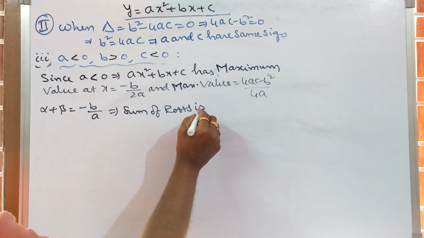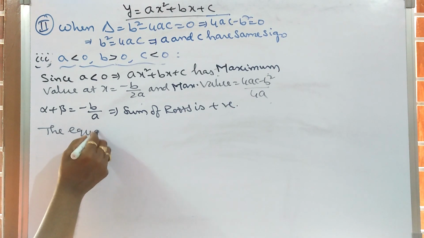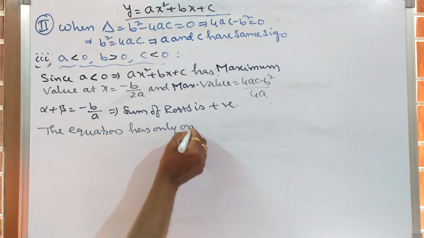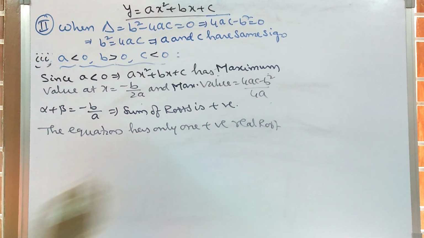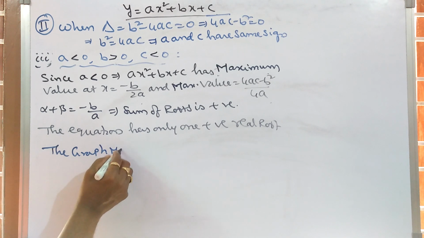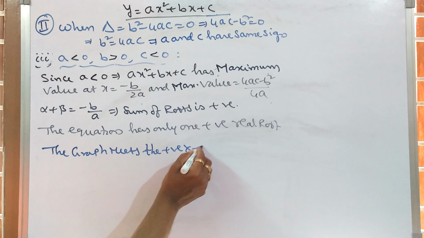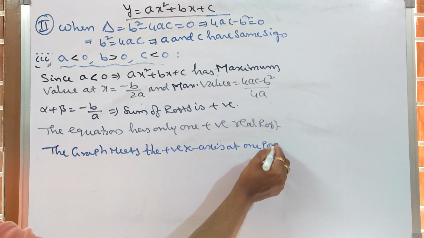So the sum of roots is positive means the equation has only one positive real root. So the equation has only one positive real root means the graph meets the positive x-axis at one point.